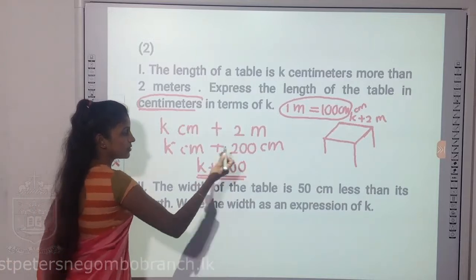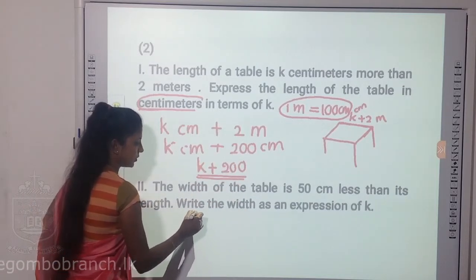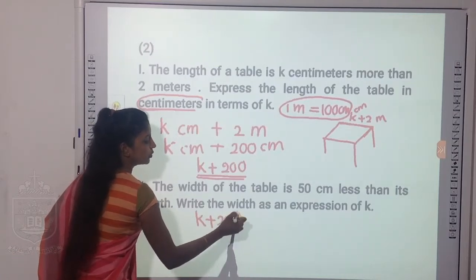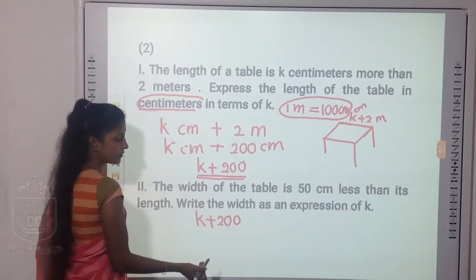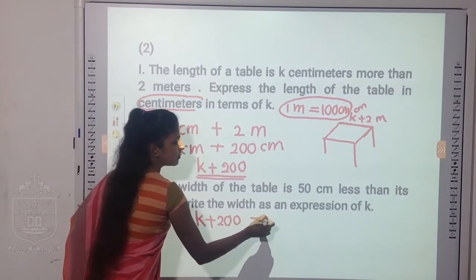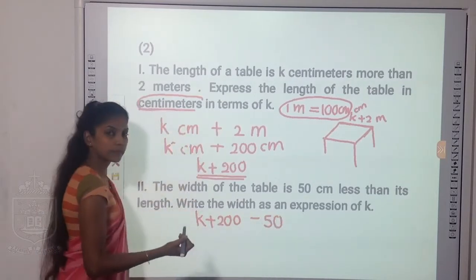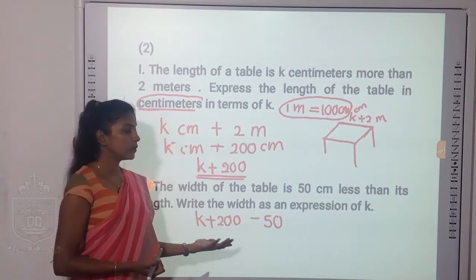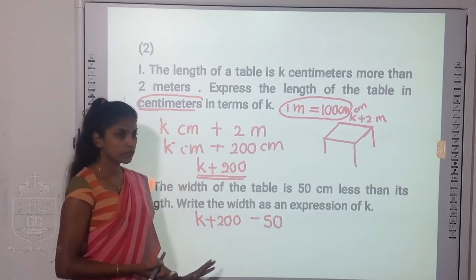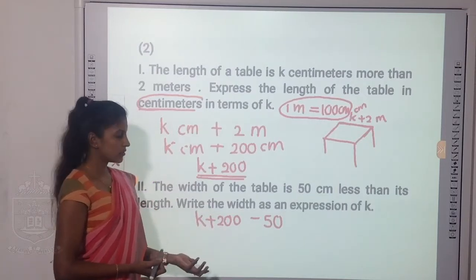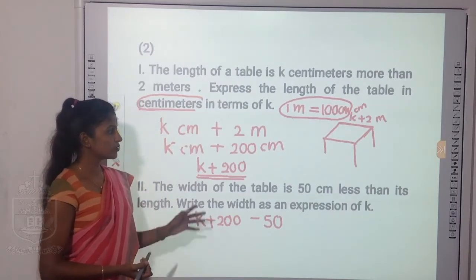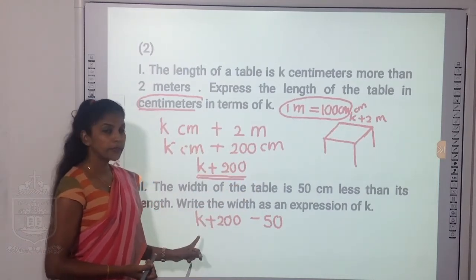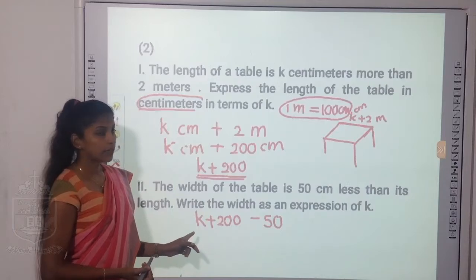So we can build up the second expression from k plus 200. This is the total length. From this you have to subtract 50, so you will get the width of the table. So this is the way of constructing algebraic expressions. Always remember here that you can't put units, and always simple letters should be used in an expression.